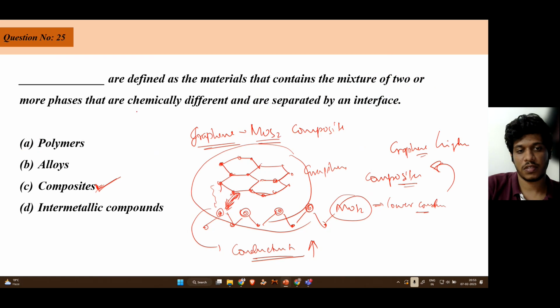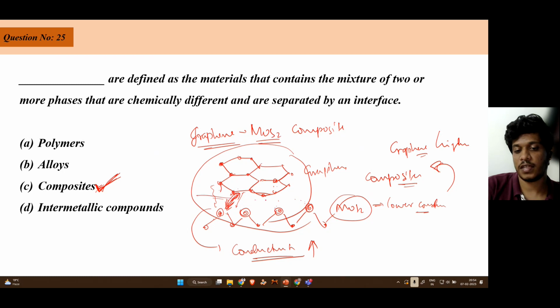Now the last question that we discussed was, dash is defined as a material that contains a mixture of two or more phases that are chemically different and are separated by an interface. The answer for this was composite. I also discussed an example of a graphene and MoS2 composite, where the two are not chemically connected but are separated by an interface, and these two are two phases.